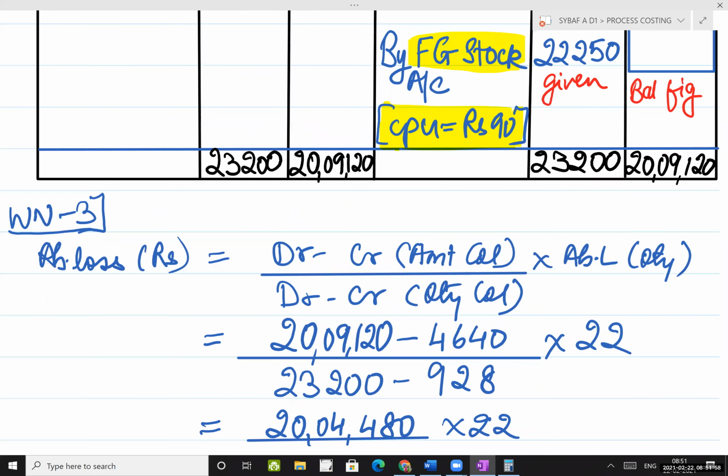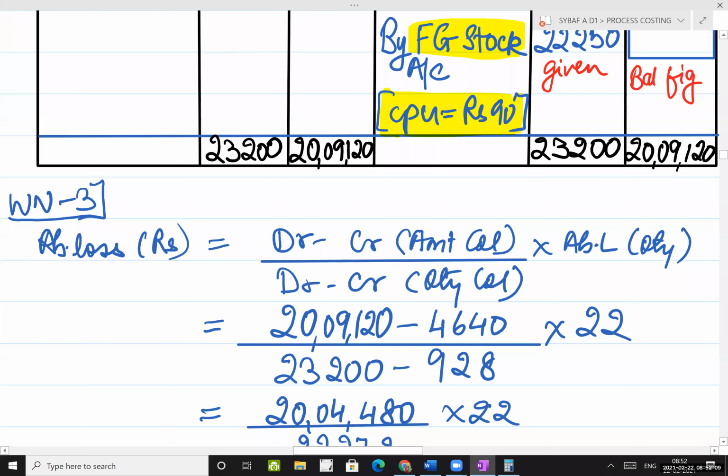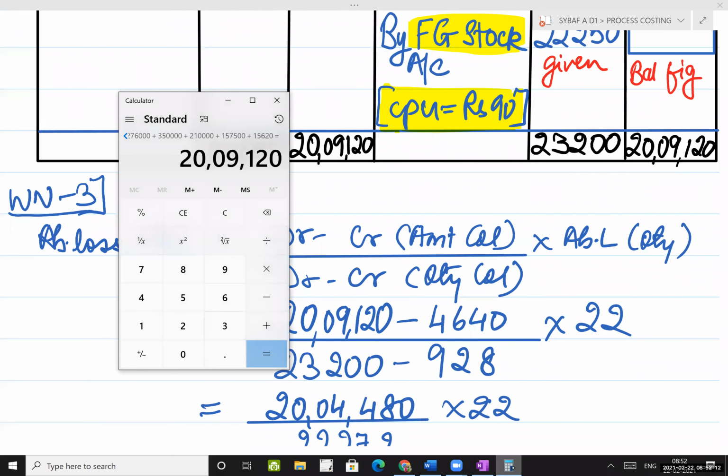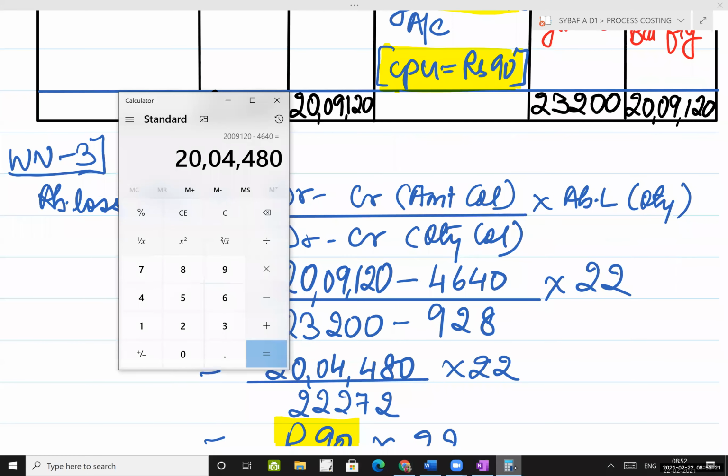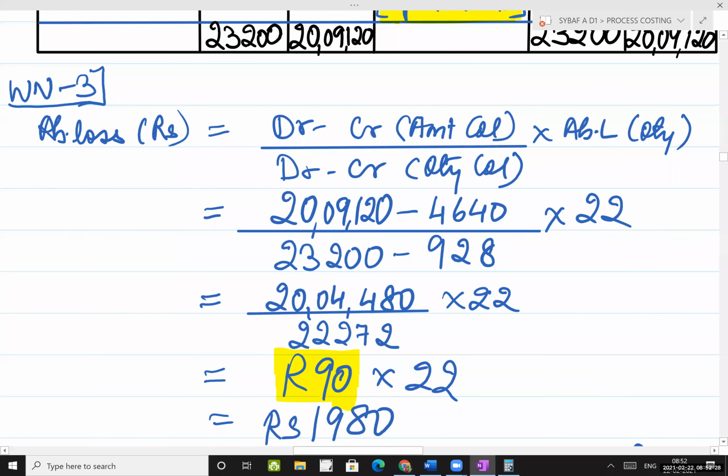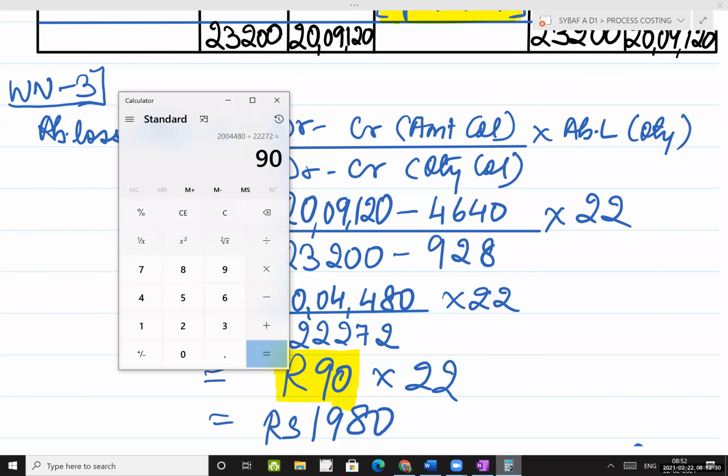Minus the credit side 4,640, divided by debit side quantity 23,200 minus credit side quantity 928, multiplied with 22. Okay, 20,04,480 divided by 22,272. So my cost price is 90 rupees. Highlight it, into 22, 1980.